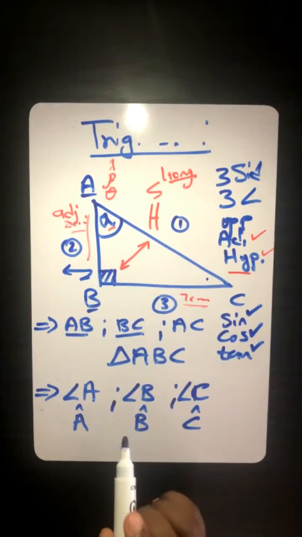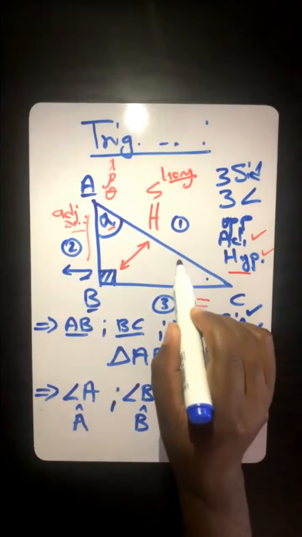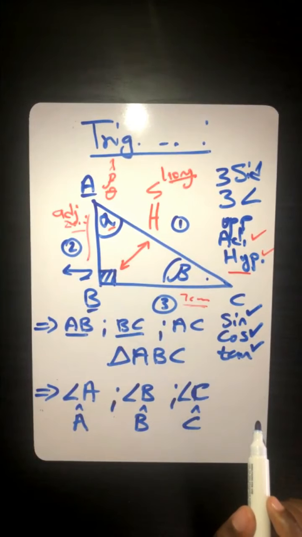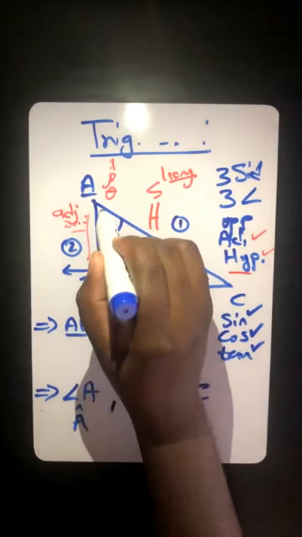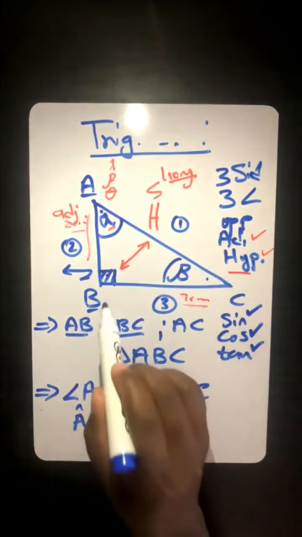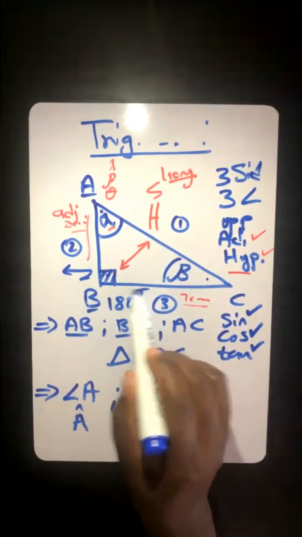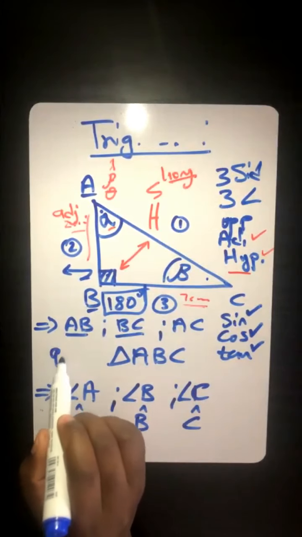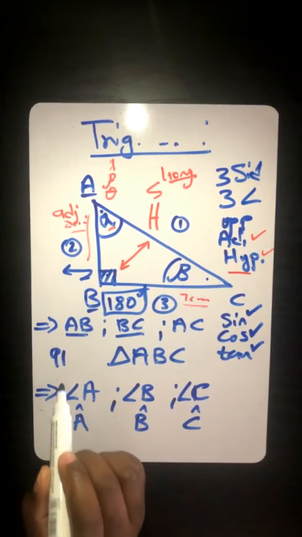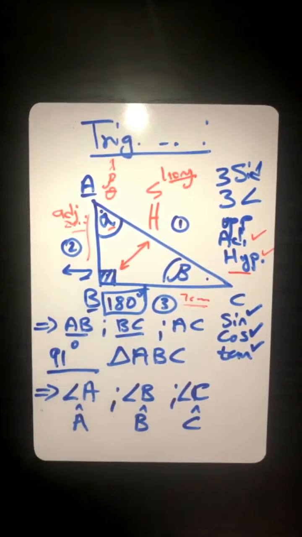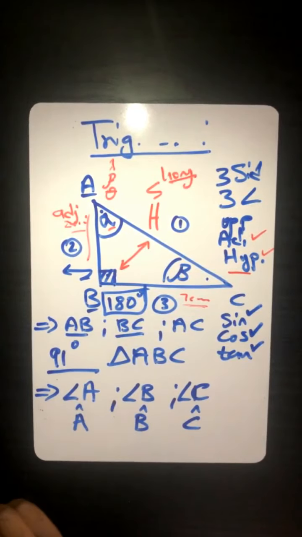Something worth mentioning is that the sum of the interior angles of a triangle must sum up to 180 degrees. Most importantly, guys, when we're dealing with angles, if it's 91, don't just say 91, but say 91 degrees. And Rato said, make sure that your calculator is always in degrees so that you get correct answers.